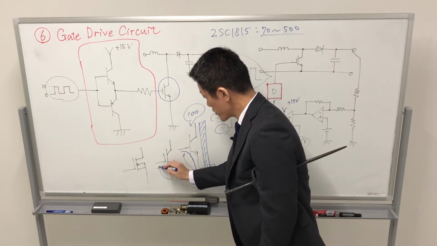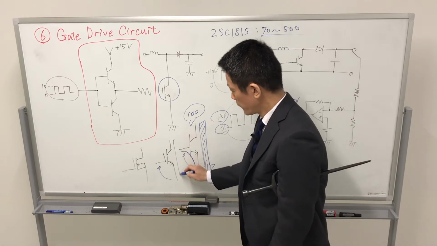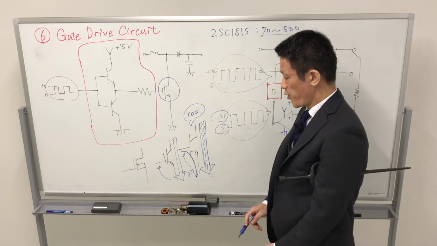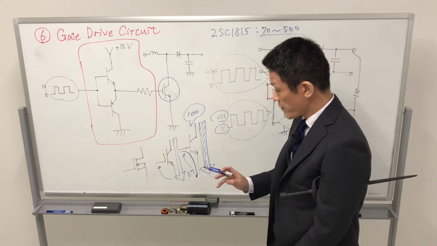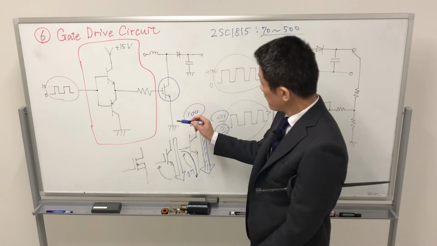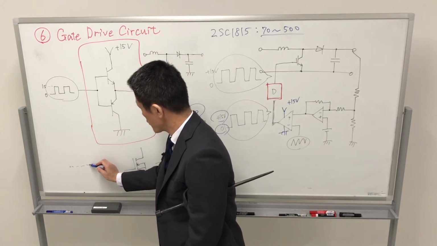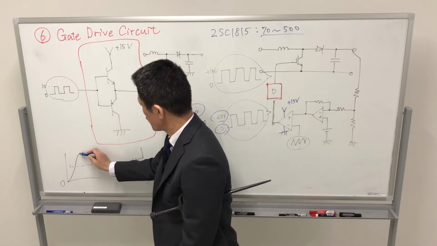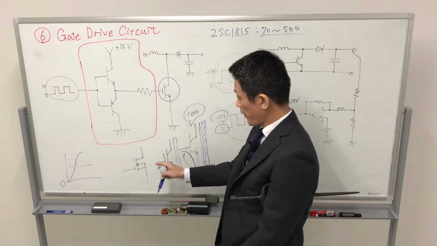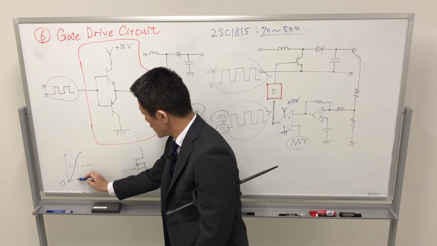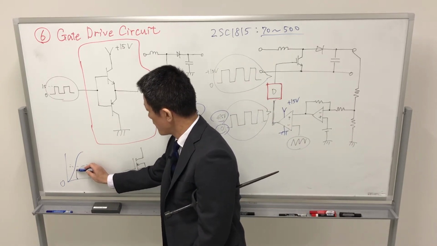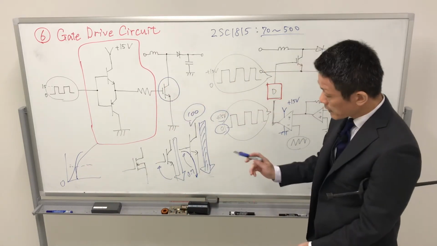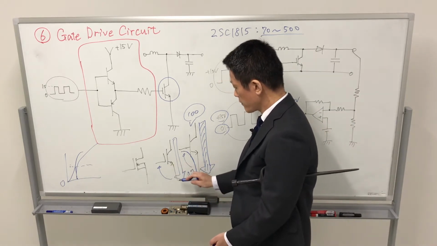Input the voltage, and current flows through. We call that the threshold voltage.